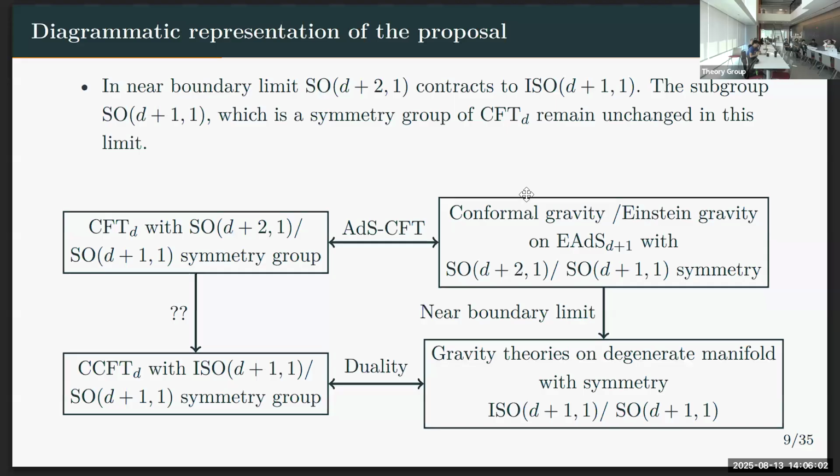But nothing is stopping you from considering conformal gravity in the bulk Euclidean anti-de Sitter 3, and what it will just do is enhance the symmetries of your dual boundary theory. So your dual boundary theory will then have symmetry group SO(1,4) instead of SO(1,3). So I'm just using that correspondence here. This is purely based on the symmetry.